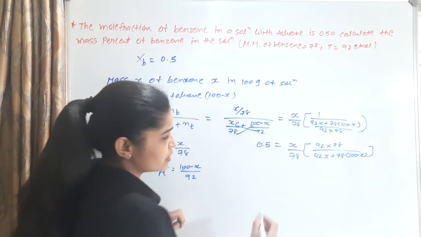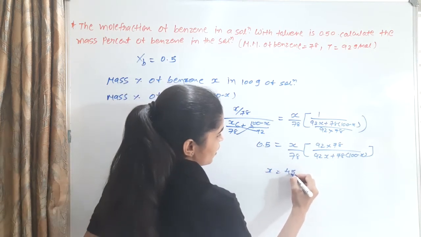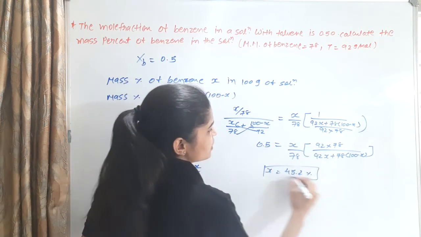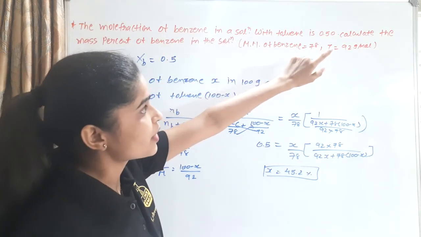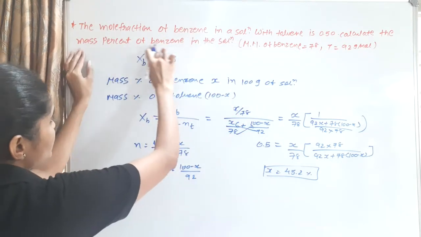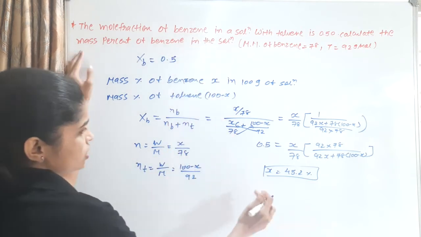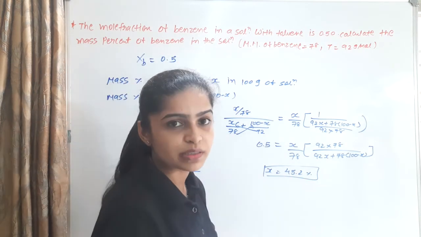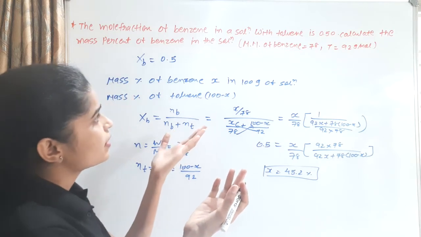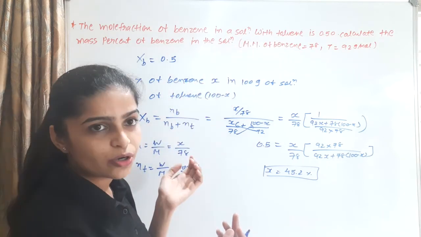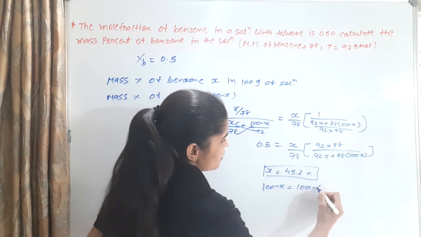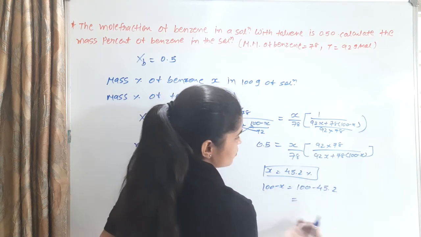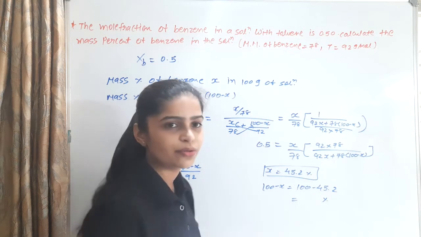Then solve this equation. X is equal to 45.2%. That means the mole fraction of the benzene in solution given 0.5 and given mass percentage of benzene in this solution is 45.2%. And another, find out the mass percentage of toluene. So mass percentage of toluene is 100 minus X. So 100 minus 45.2 is the mass percentage of toluene.